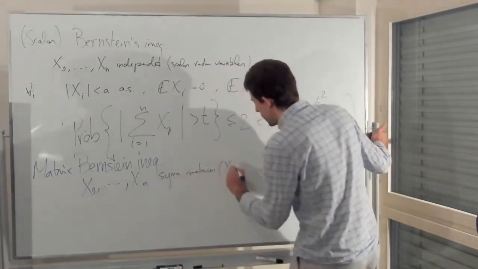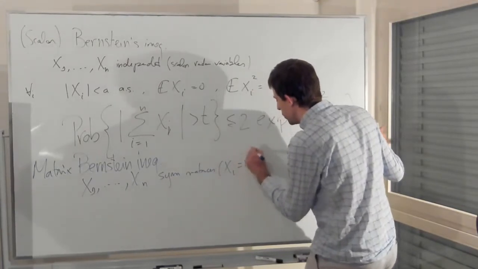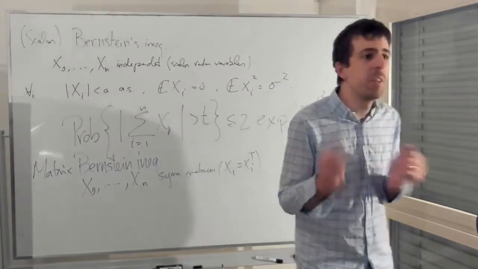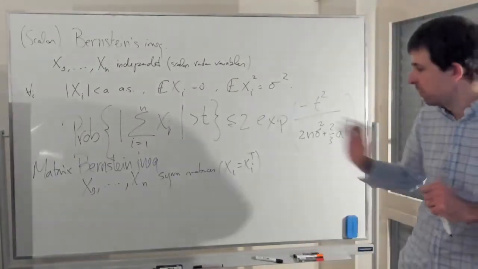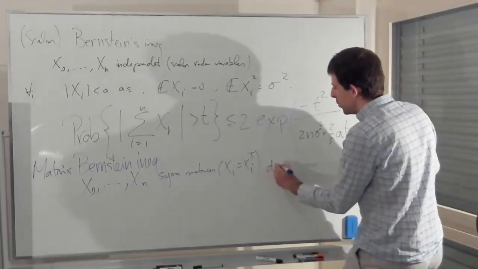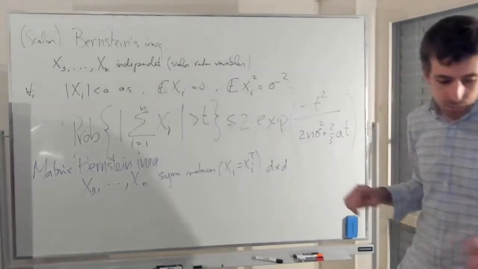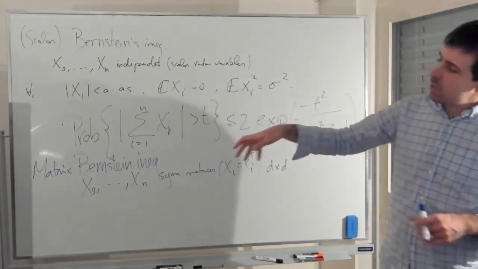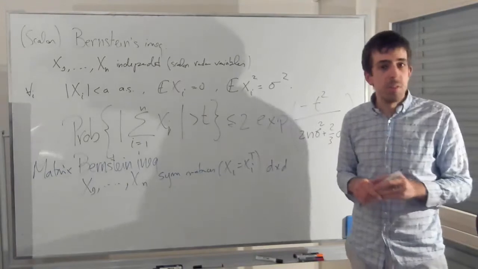What I mean by symmetric is that xi is equal to xi transpose, not symmetric in the sense of a random variable having the same distribution as minus the random variable. Here they are symmetric in the matrix sense. And what we want to control is the largest eigenvalue of the sum.